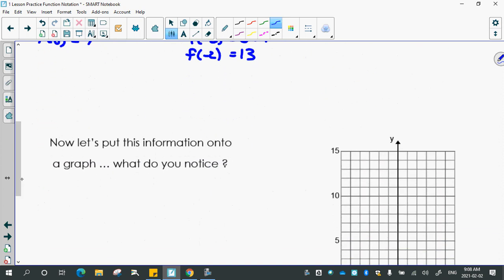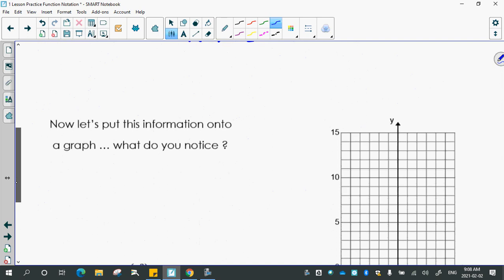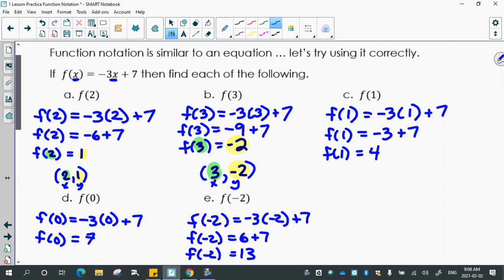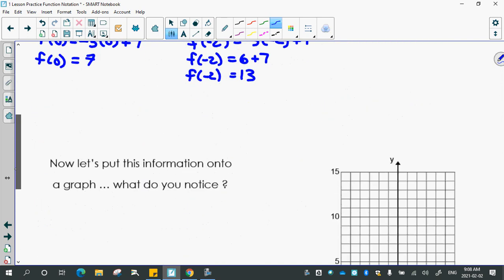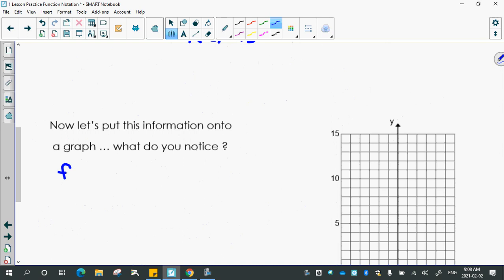All right, so now let's put this information onto a graph. If we were to plot f at x equals negative 3x plus 7, it's the same as drawing the graph of y equals negative 3x plus 7.